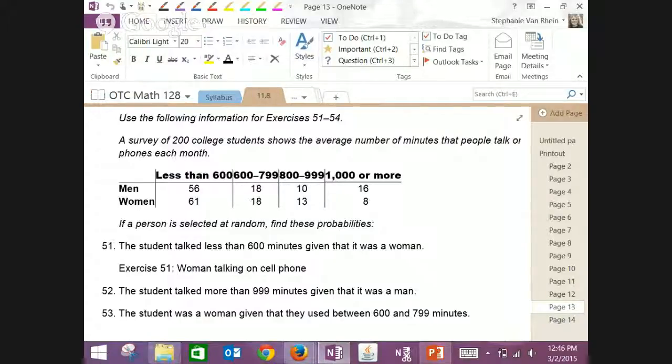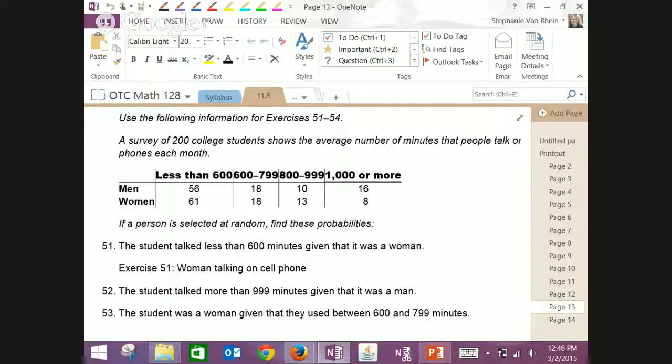What's the probability that a student talks less than 600 minutes given that it's a woman? Given that it's a woman tells you you're in this category. So 61 divided by this number plus this number plus this number plus this number, because you know it's a woman.